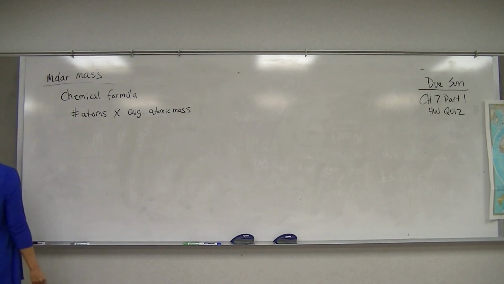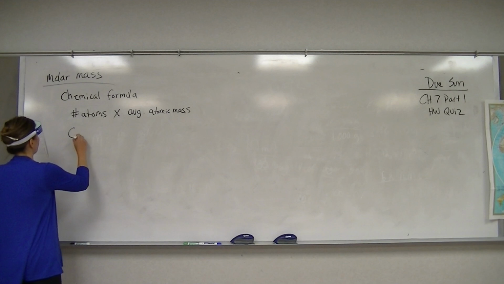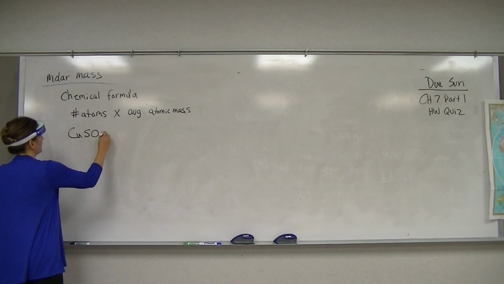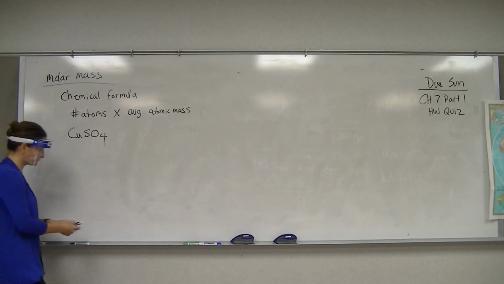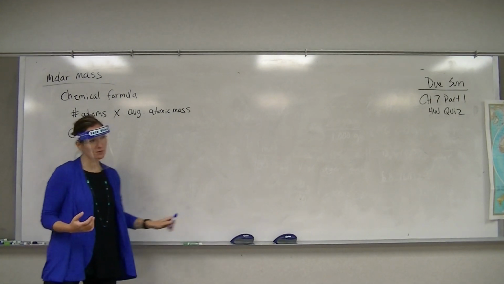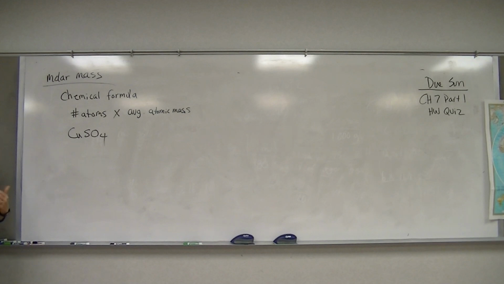So what's an example of a formula? Let's do this one here. This is a chemical formula. It's got elements from the periodic table and it's got subscripts after each element. It's going to take some getting used to if you've never really taken chemistry or looked at the periodic table to recognize what these elements are.